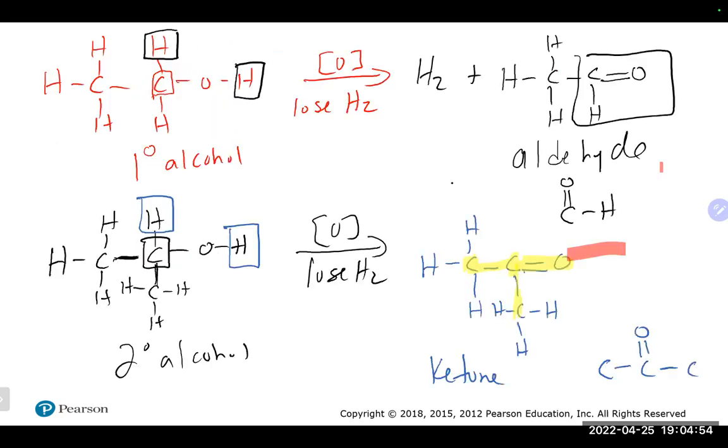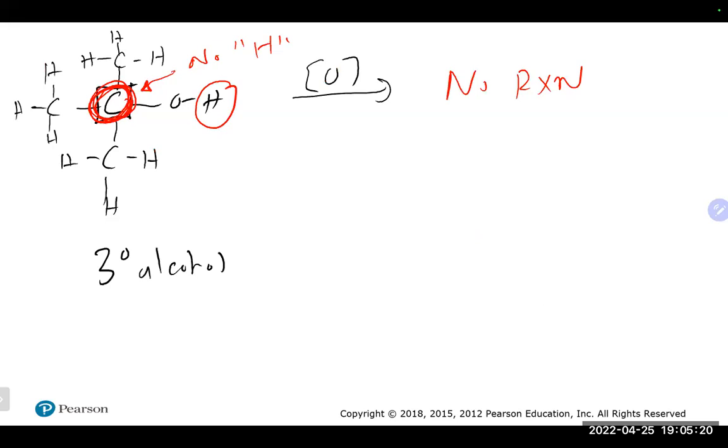A primary will make an aldehyde: hydrogen off of the oxygen, hydrogen off the carbon, double bond the carbon and oxygen, draw everything else exactly the same. The secondary alcohol will oxidize to a ketone, same thing, hydrogen off of the oxygen, hydrogen off of the carbon, double bond the carbon and oxygen, don't change anything else. Tertiary alcohol cannot go through oxidation because it's missing that second hydrogen.